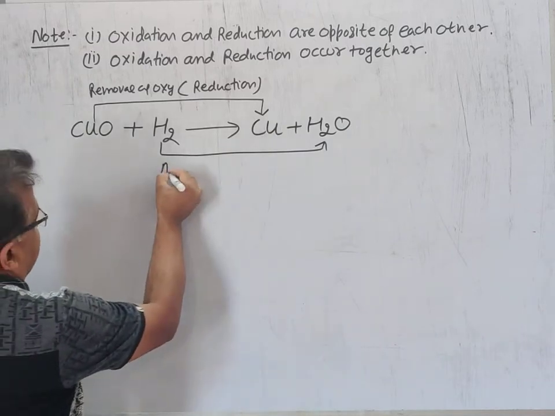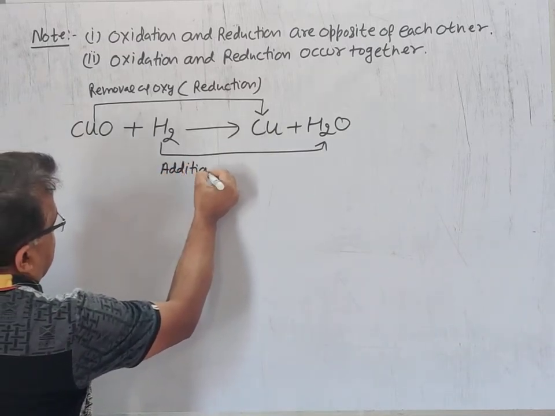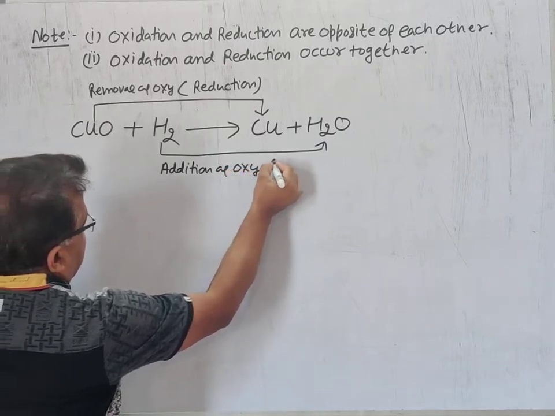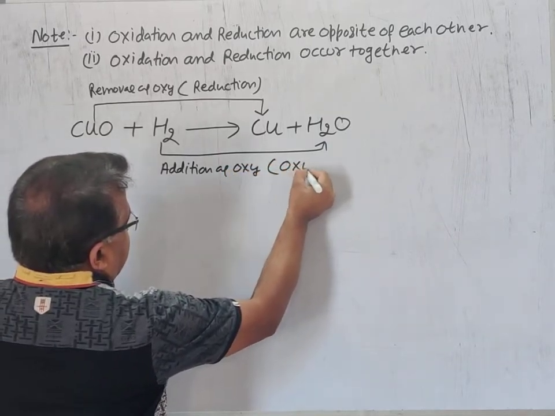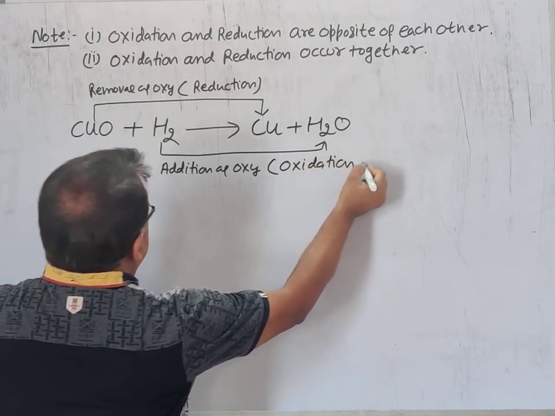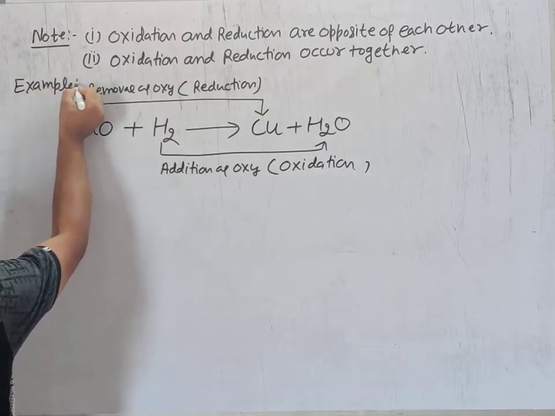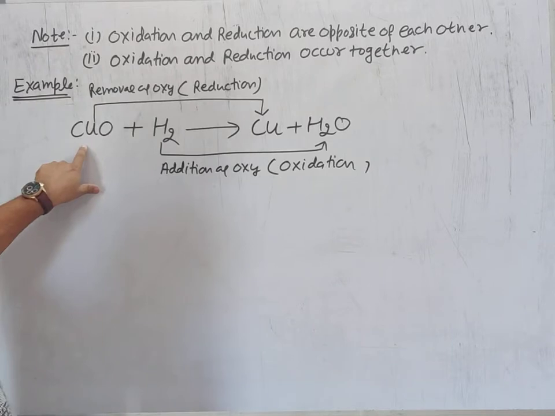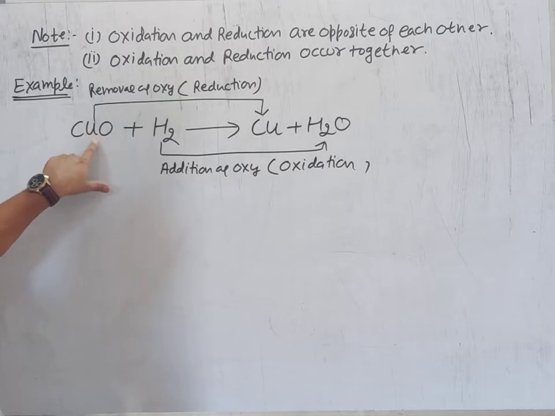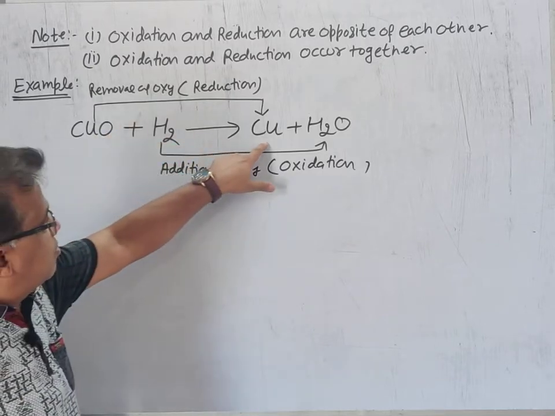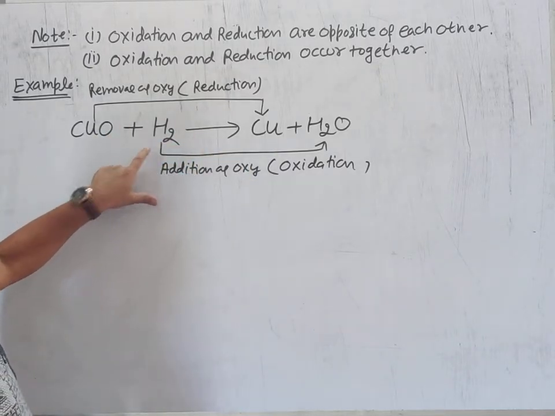Here addition of oxygen occurs, therefore it is oxidation. So it is clear that this substance gives oxygen for addition, so it is oxidizing agent. It is reduced into copper, and H2 is reducing agent.